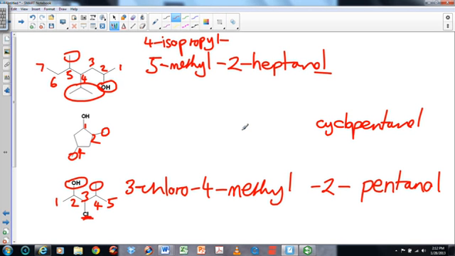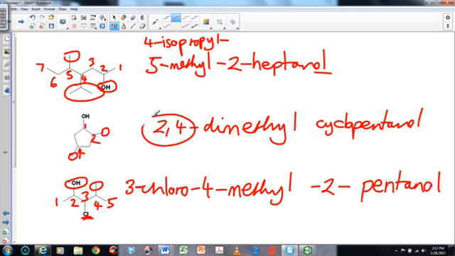Methyl, of course, being the name for the methyl group, and 2 and 4 for the location. So 2, 4, dimethyl, cyclopentanol. We don't need the 1 here because we understand that 2 and 4 means relative to the 1 here. So 2,4-dimethyl cyclopentanol. All right.